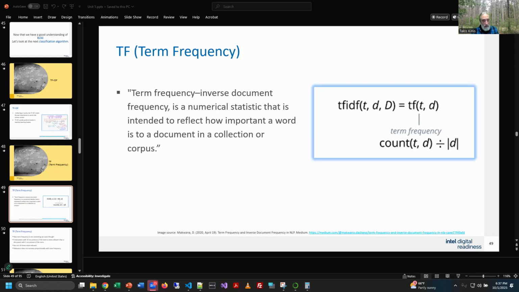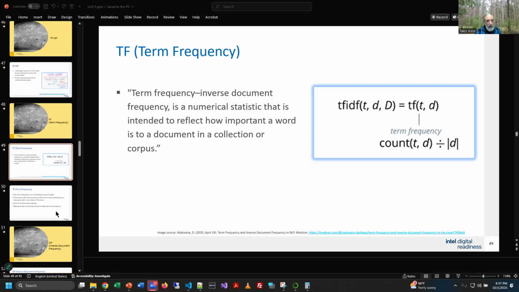So term frequency, if you think back to bag of words, is very similar, because we're looking at the words and how many times they appear in the document. We're counting. And then we do this inverse thing, which is how many times that term appears in different documents, and we use that as a countermeasure to balance out the values so we can train our models.